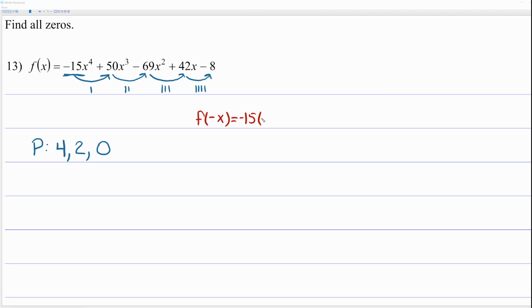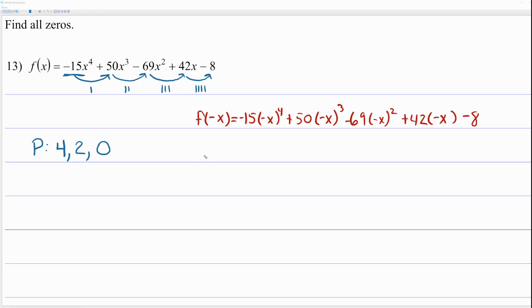So we're going to replace x with negative x. Just write down the whole thing. Like I said, once you get comfortable with it, you won't really have to write down the whole thing. Just replace x with negative x, plus 42, replace x with negative x, and then we have minus 8.